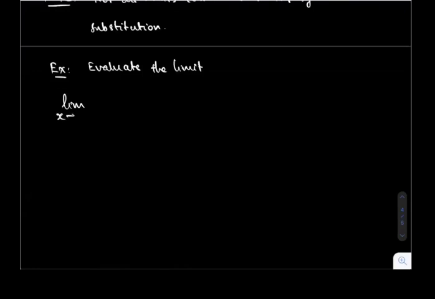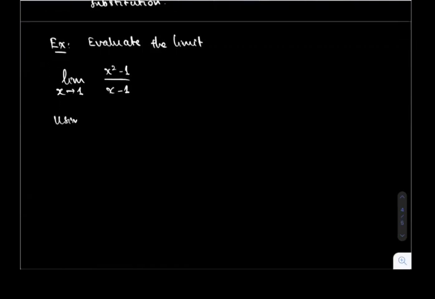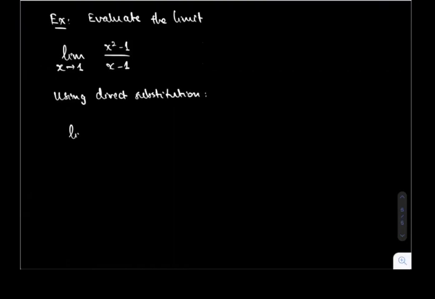Limit as x approaches 1 of x squared minus 1 over x minus 1. If you just use direct substitution, what are you going to get, right? So you have limit of x squared minus 1 over x minus 1 is what? 1 squared minus 1 over 1 minus 1.